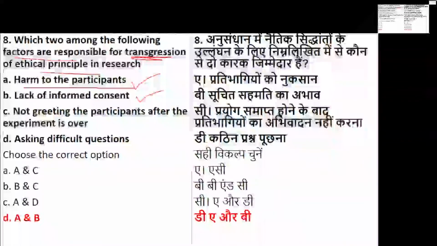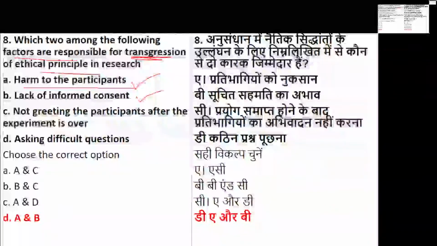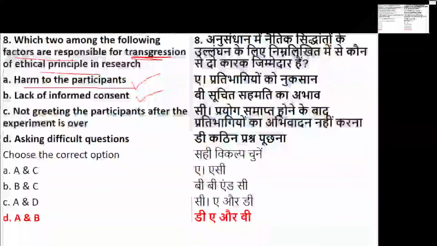So that will be considered as going against his wish. So that will be called as lack of informed consent. So this is something which will be carried as per the law, and hence Sanchita, these two options will be the right option.